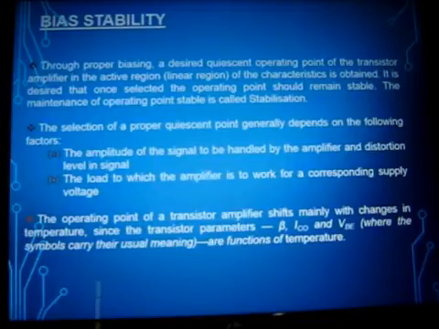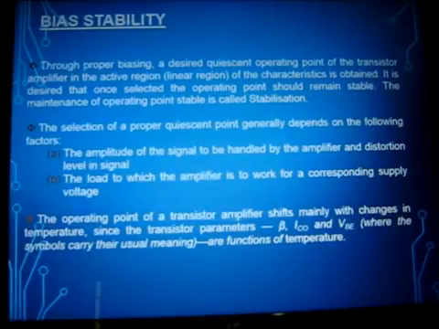The maintenance of the Q point is called stabilization. The selection of a proper Q point generally depends on the following factors: the amplitude of the signal to be handled by the amplifier and the distortion level in the signal, and the load to which the amplifier is to work for a corresponding supply voltage. These are some important points for selecting a Q point.